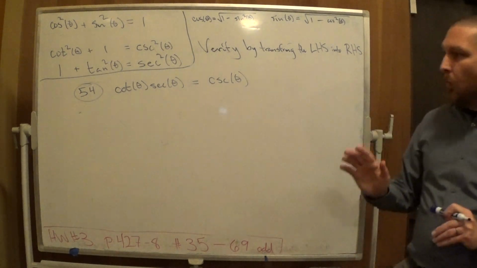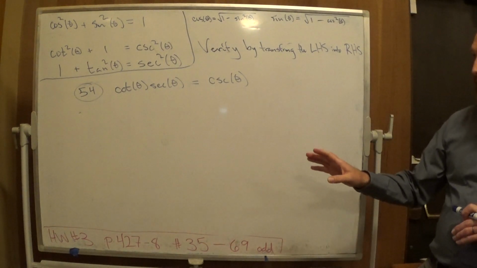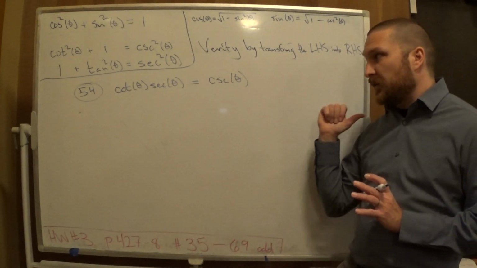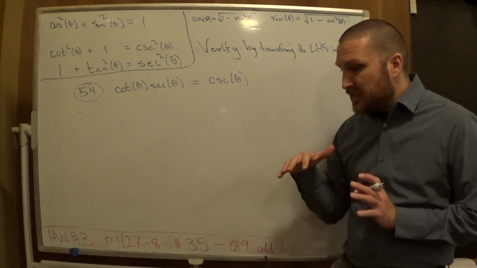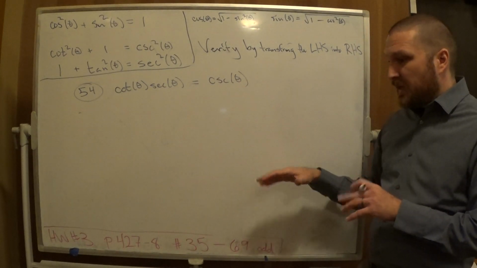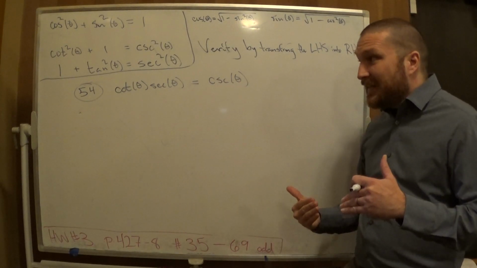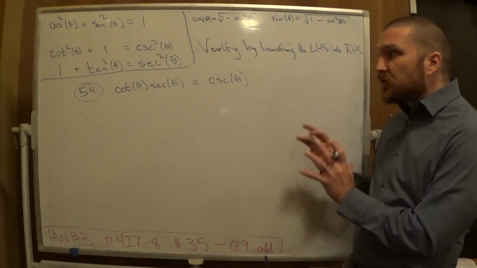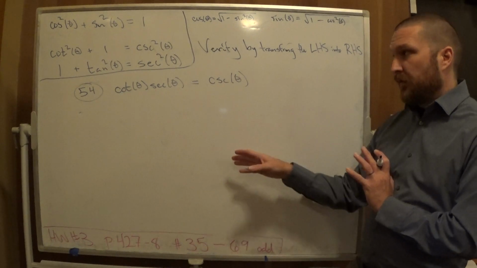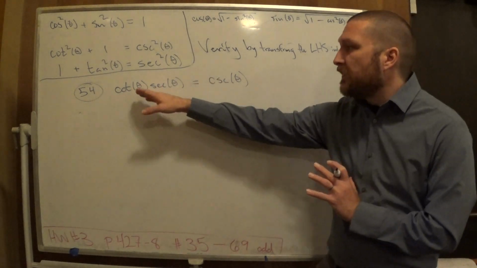So what I'm going to require, and you'll see in the last example that we're going to do, is that you may have to do a bunch of work on one side, a bunch of work on the other side, and then somehow connect them. But in the end, after you've done all your scratch work, I want to see this like a proof. You're trying to prove that this equals that.